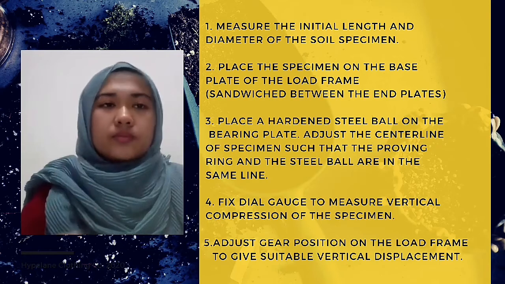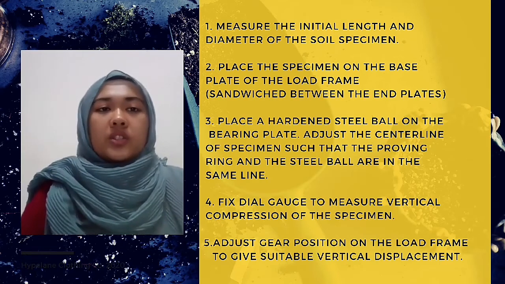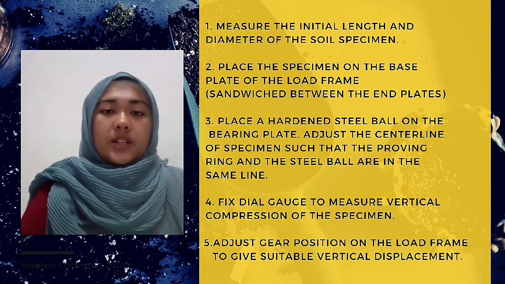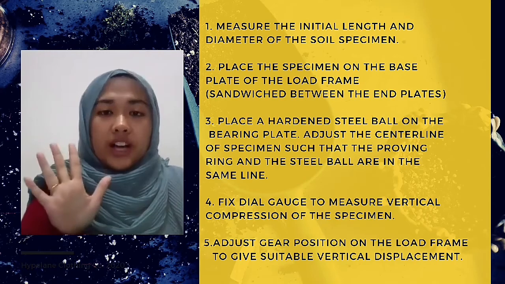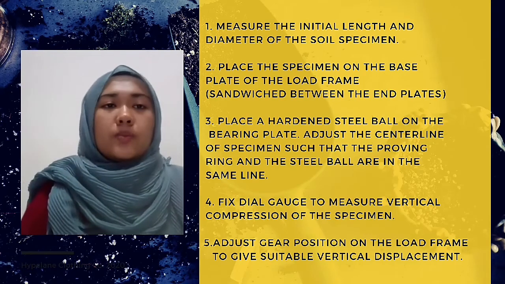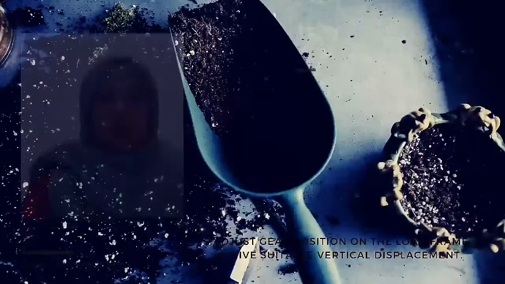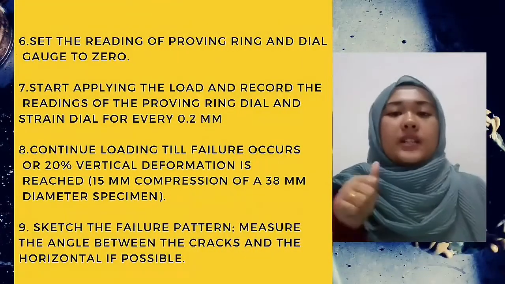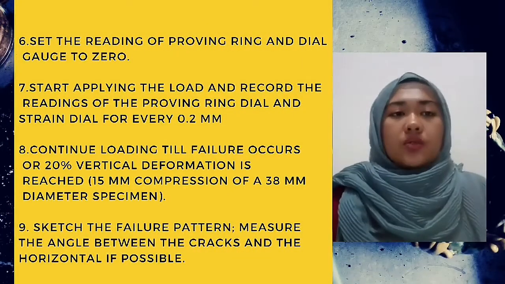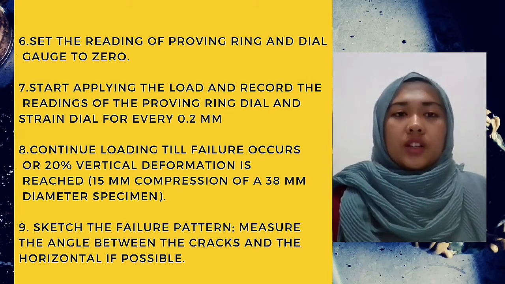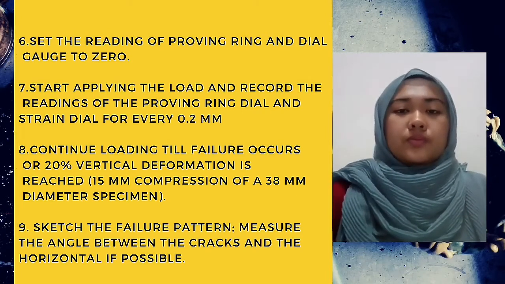Number 4, fix dial gauge to measure vertical compression of the specimen. Number 5, adjust gear position of the load frame to give suitable vertical displacement. Number 6, set the reading of proving ring and dial gauge to 0.